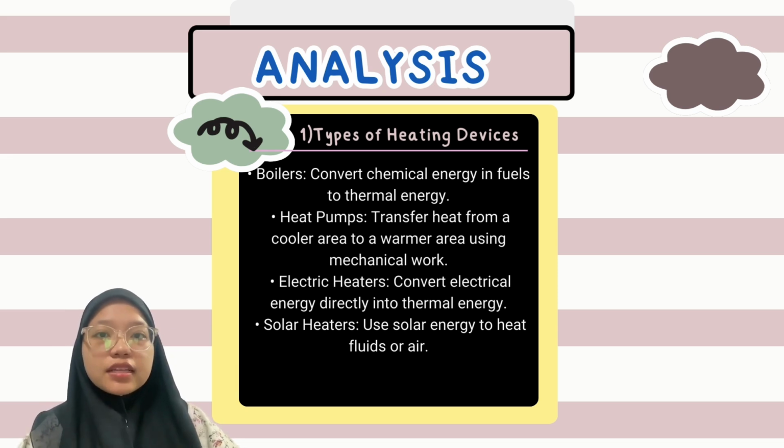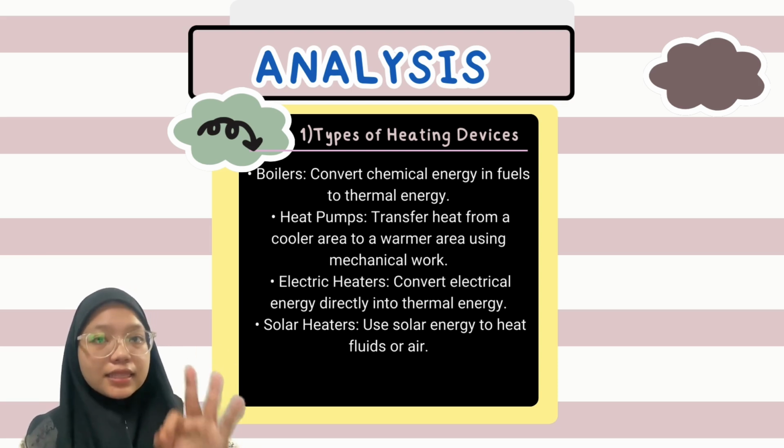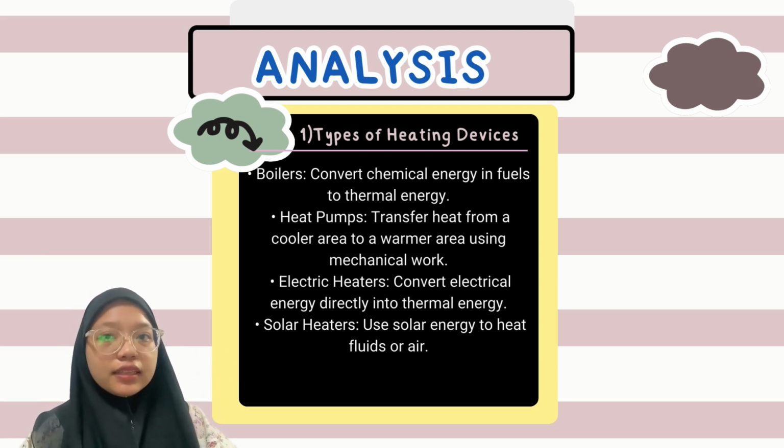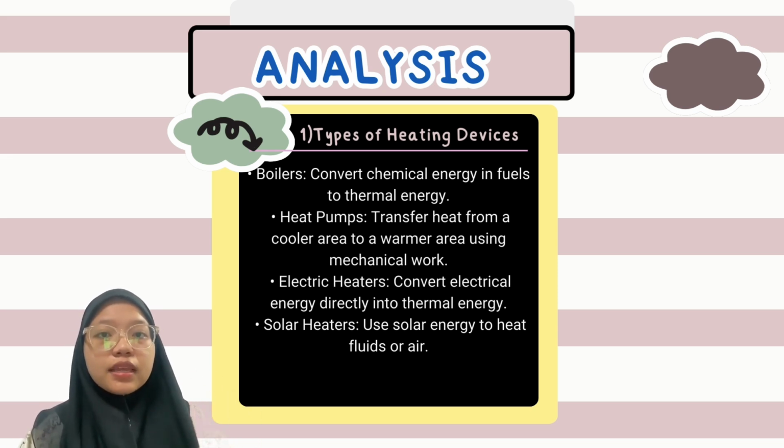Heat pumps transfer heat from a cooler area to a warmer area using mechanical work. Third type is electrical heater. Electrical heaters are used to convert electrical energy directly into thermal energy. Fourth type is solar heaters. Solar heaters use solar energy to heat fluids or air.